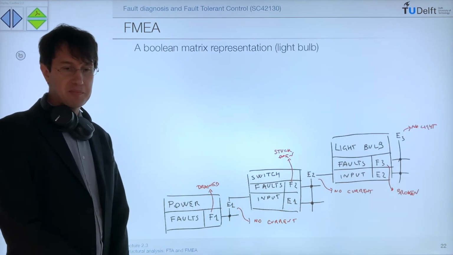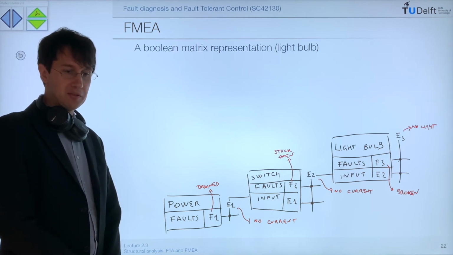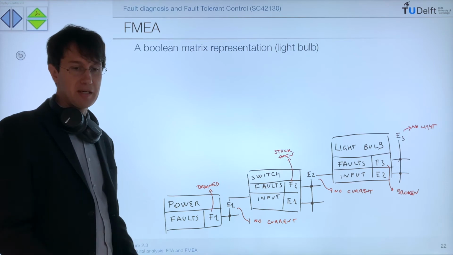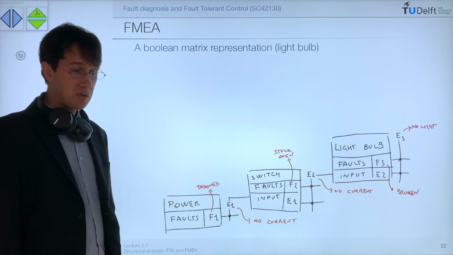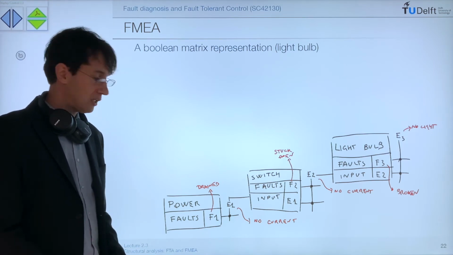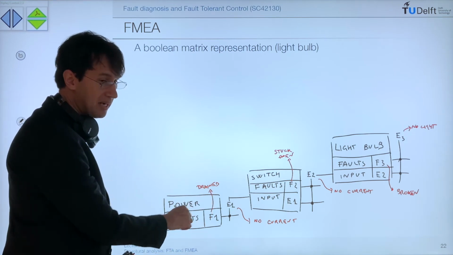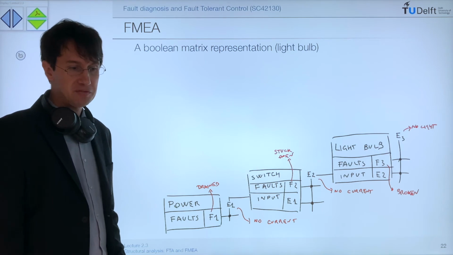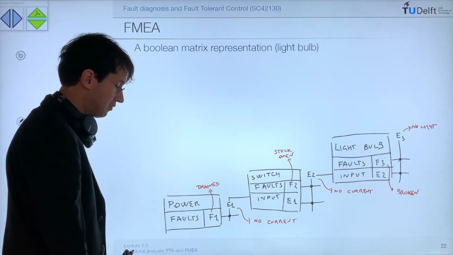So to get a grasp of this operator, we can just apply that to the example with the light bulb. And so we start computing the matrix M and the relation between effects and faults at the level of the power.